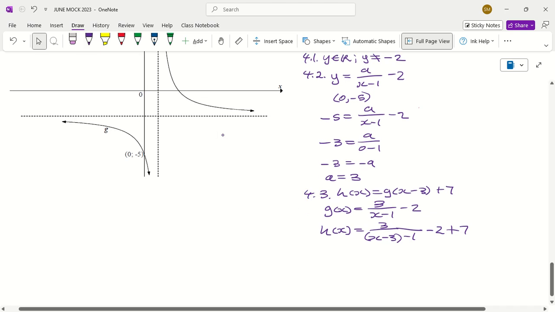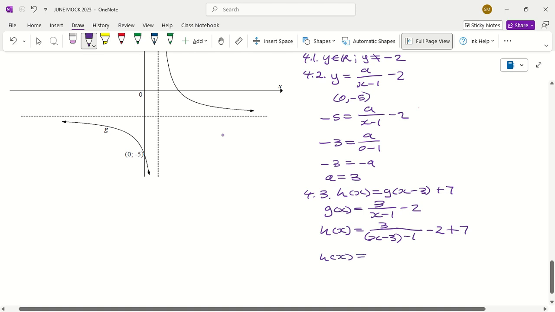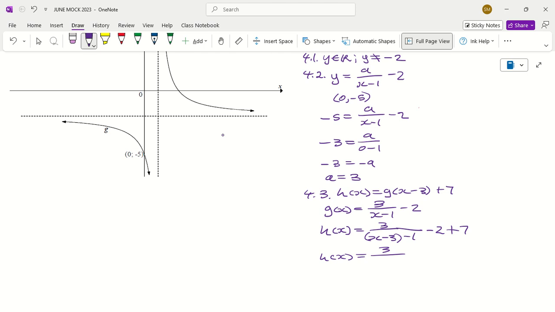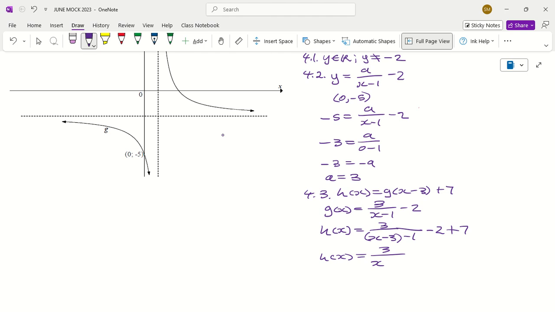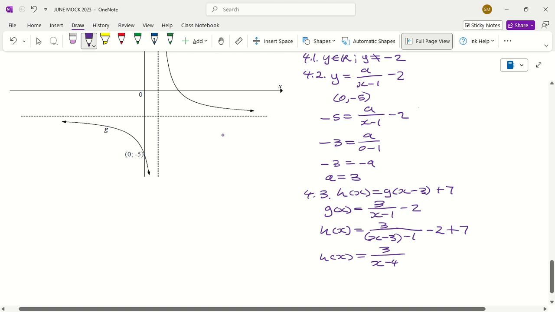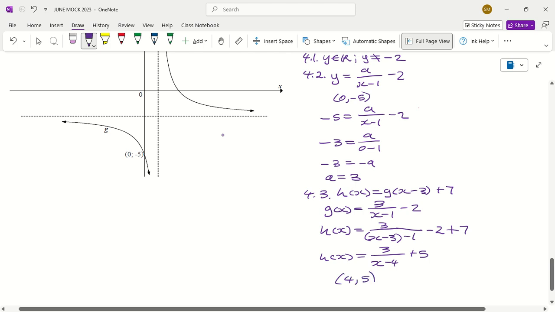Then now when we simplify, the equation of h of x is equal to 3 over x, and then negative 3 minus 1 will give us a negative 4, and then a negative 2 plus 7 will give us a positive 5. And if you can see, our new asymptote is 4 and 5. So the point of intersection of the asymptotes is now 4 and 5. So very simple there. Now we are done with question 4.